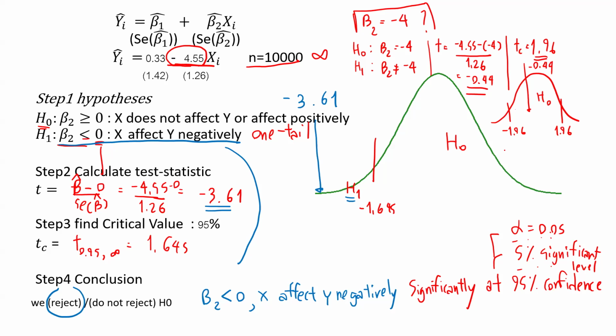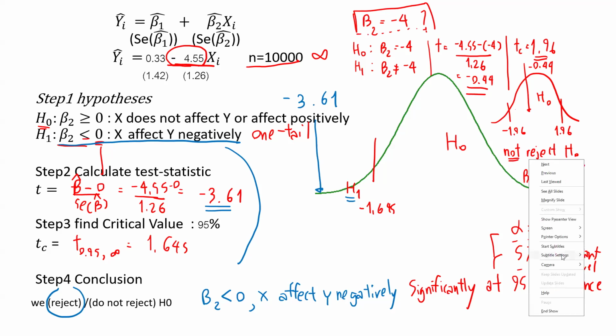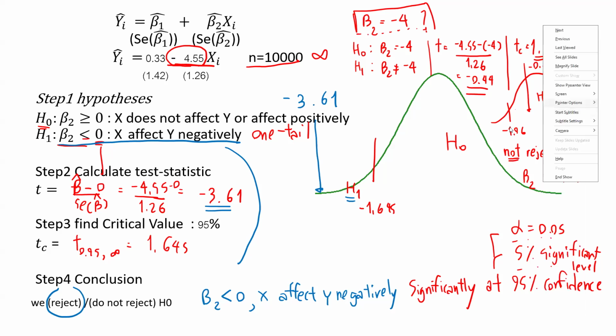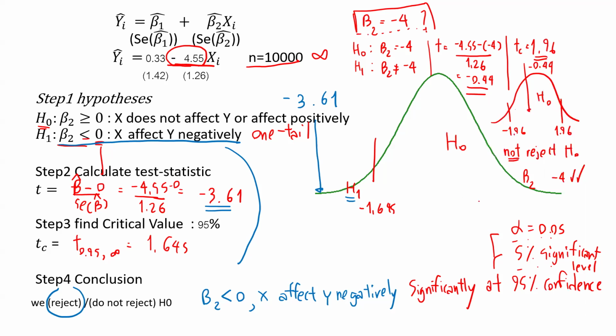No, you have to not reject H0, which means we can conclude that beta 2 not equal 4. Oh, sorry. Not reject, right? Not reject. We can conclude that beta 2 equal minus 4. Okay, that's how we do hypothesis testing.